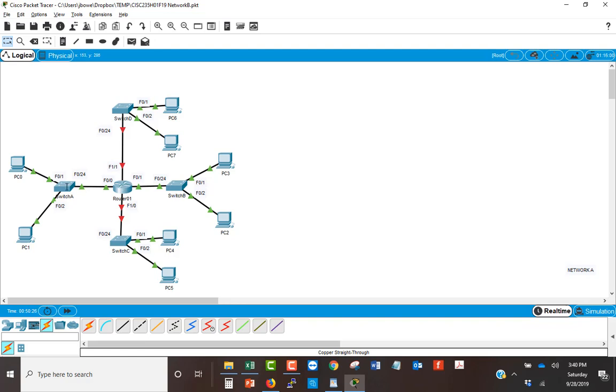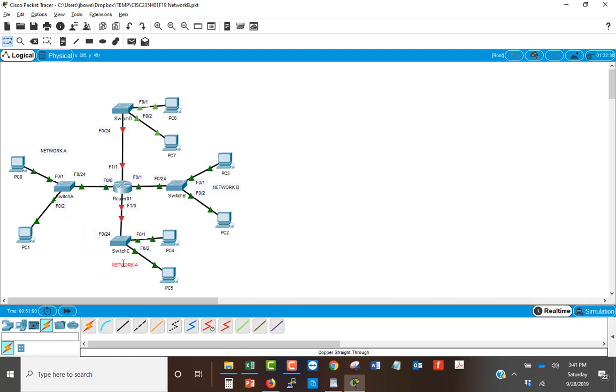You'll notice that we've got 4 switches: switch A, switch B, switch C, and switch D, and these will kind of denote our network. So we've got network A, then we've got network B, this is our network B right there.